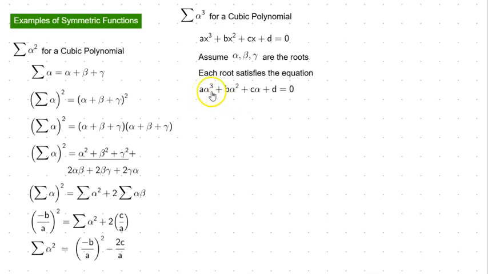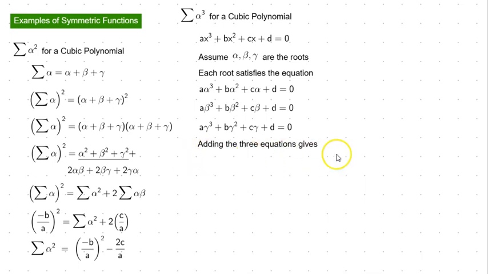So we have a alpha cube plus b alpha square plus c alpha plus d equal to 0. Now substituting beta, we get a beta cube plus b beta square plus c beta plus d equal to 0. So we are substituting these roots into the equation. So a gamma cube plus b gamma square plus c gamma plus d equal to 0.